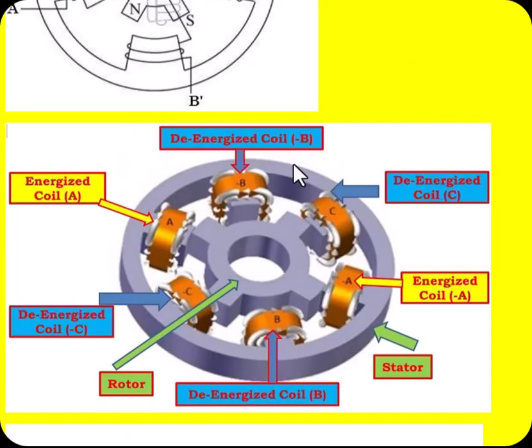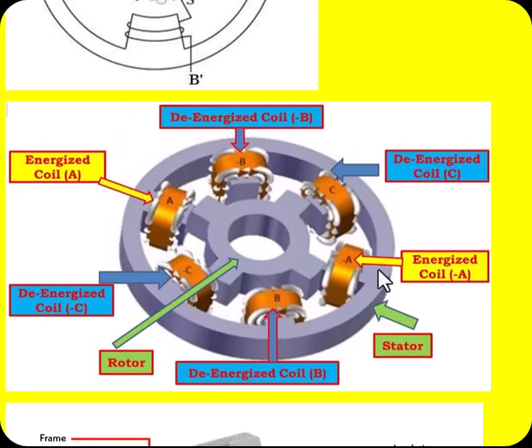The same thing can be explained here like this. This is the real diagram. And there are phase A, phase B, phase C coils on the stator, and this is the rotor with permanent magnets. Initially, look at this.